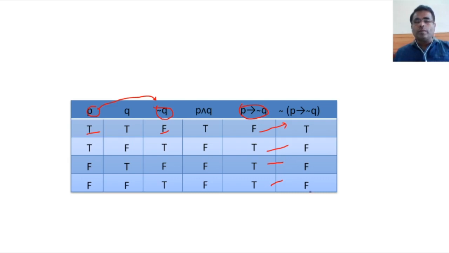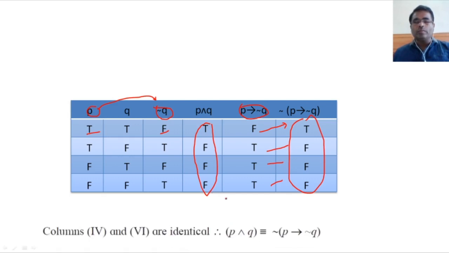Now we observe that these two columns are identical: true, false, false, false, true, false, false, false. So it is clear that these two statements have the same truth values, therefore we say that these two statement patterns are logically equivalent. That is, P and Q, this column, is logically equivalent to negation of P implies negation Q, that is this column.